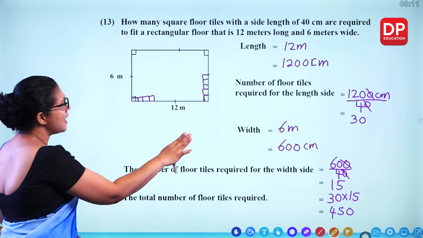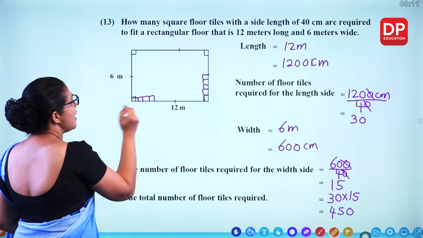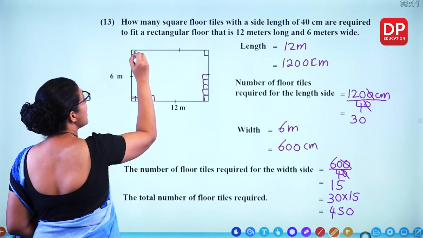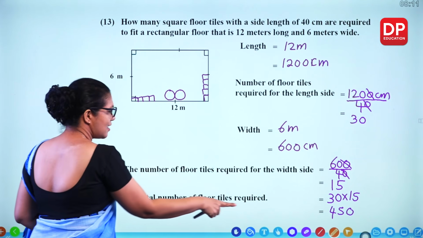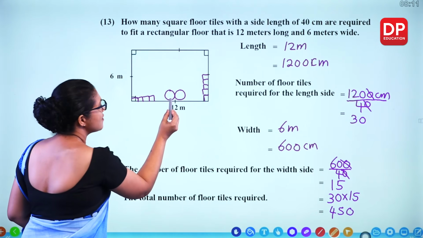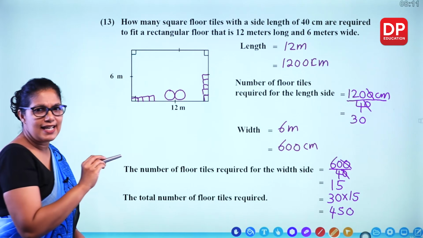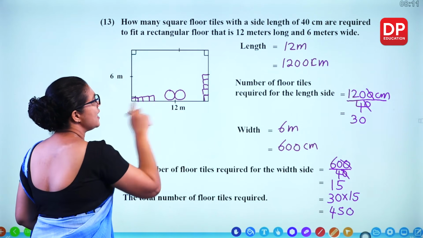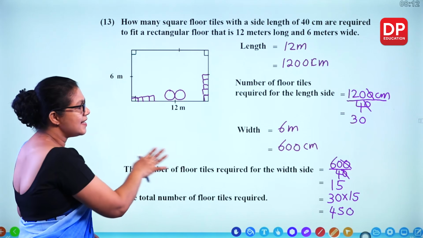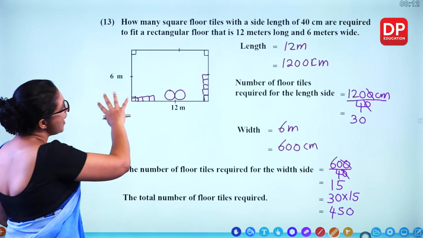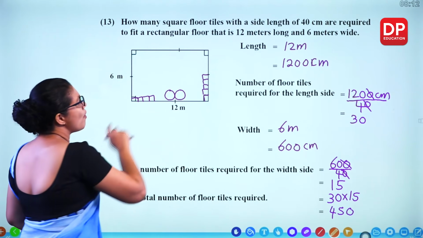Now in this case you can use this, but if it's a circular tile or something, you can't use the area method because that's not fitting exactly with the floor. You get gaps there. So make sure that this way is easy to do for any type of tile.